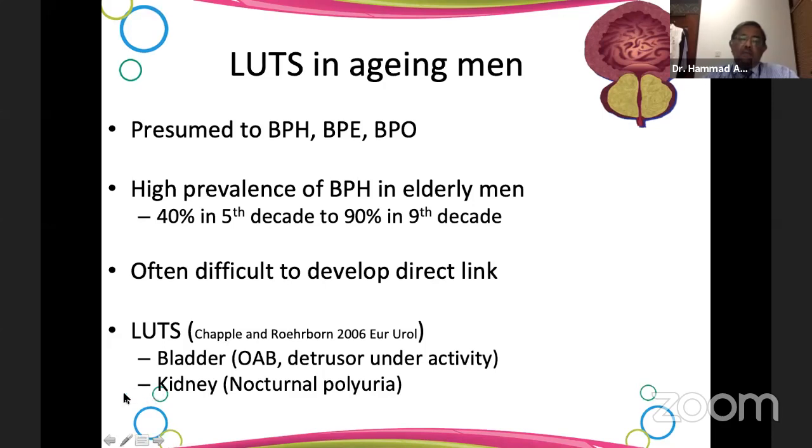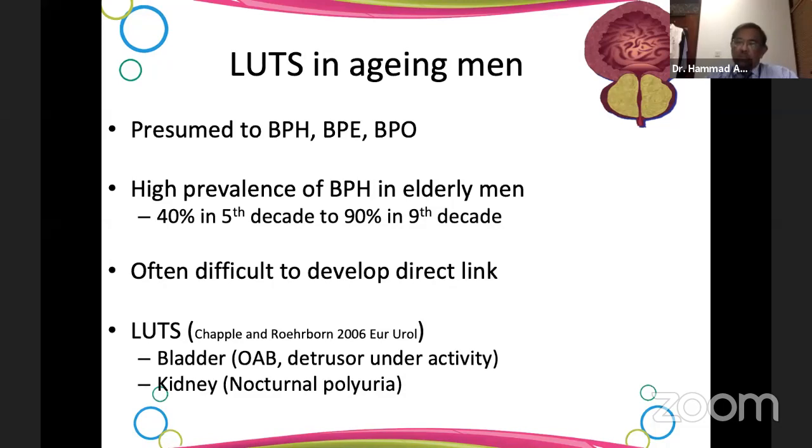Another important thing to remember is that lower urinary tract symptoms could also be due to the bladder, which means that if you have overactive bladder, or bladder detrusor underactivity, which could be due to neurogenic or non-neurological causes, it can also produce symptoms very similar to BPH.